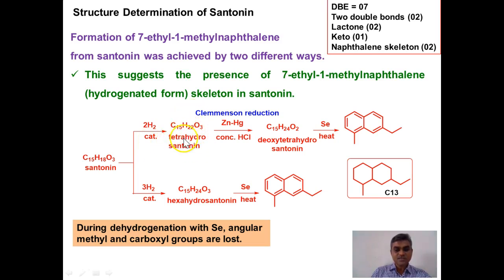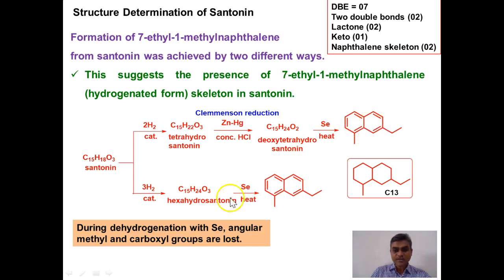Here the ketone group is intact, and this ketone can undergo a Clemmensen reduction, and we will get a deoxy tetrahydrosantonin. In this deoxy tetrahydrosantonin, the two oxygens remain intact and are perhaps part of our lactone moiety. This deoxy tetrahydrosantonin on selenium dehydrogenation gives us 7-ethyl 1-methyl naphthalene.